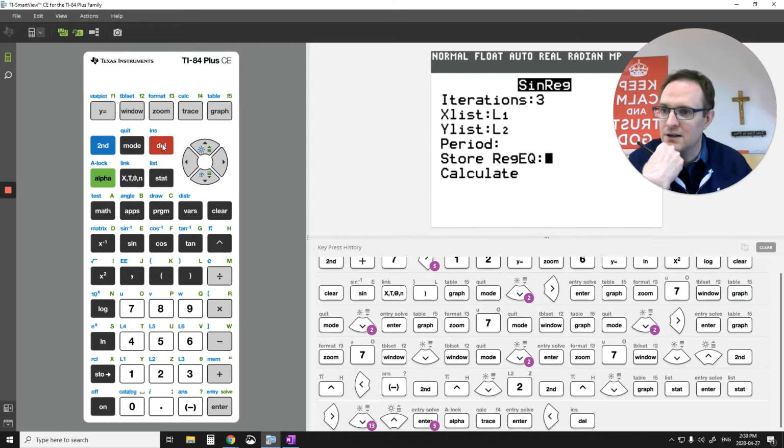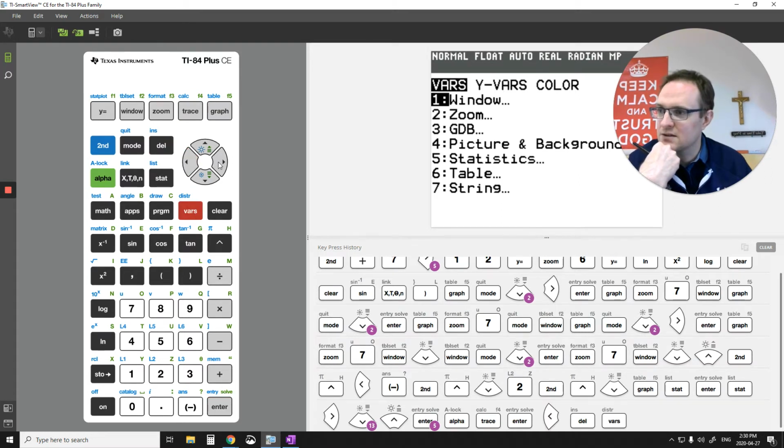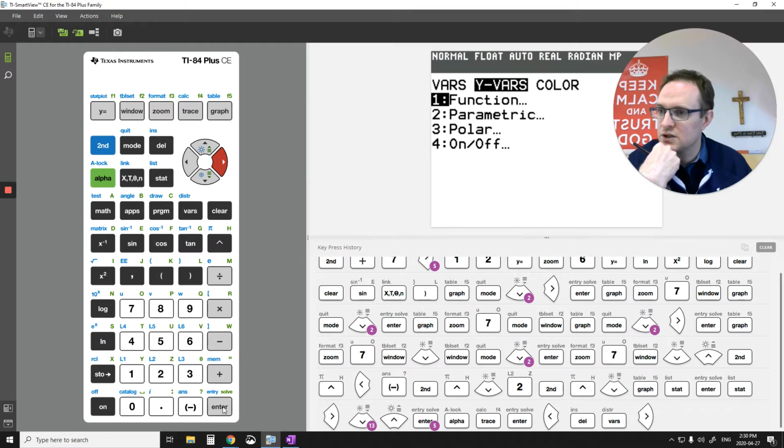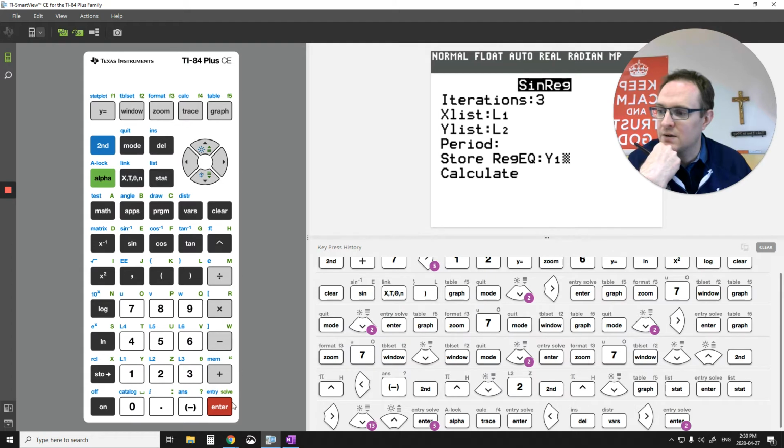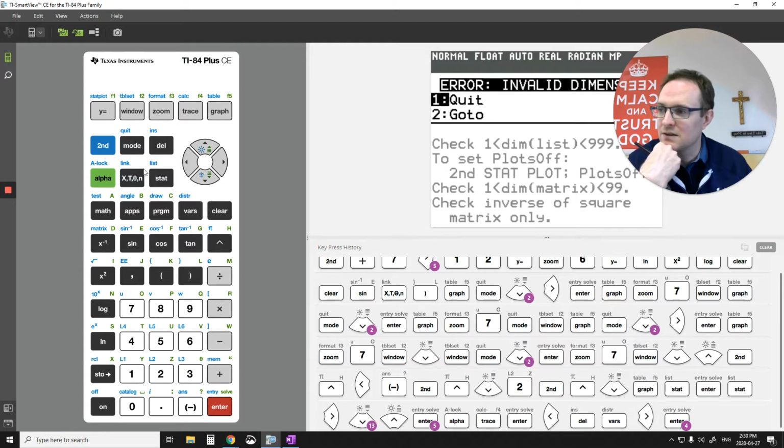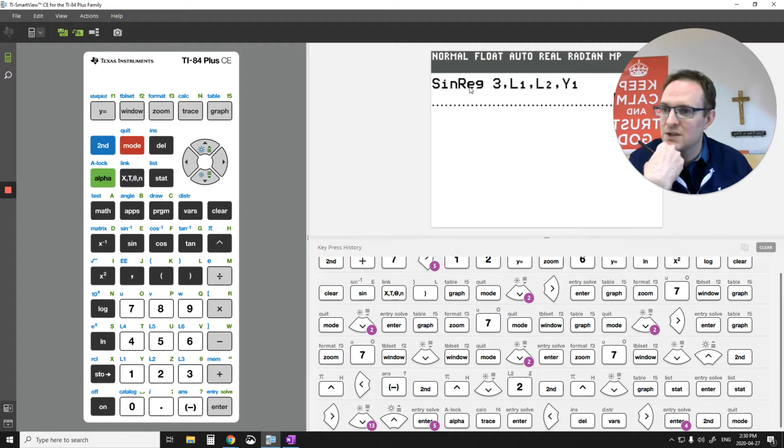If you don't have the vars there, you can go vars, go function y1, and then hit calculate. Mine's just going to not work because there's nothing in there, but that's what it would look like if you did this.